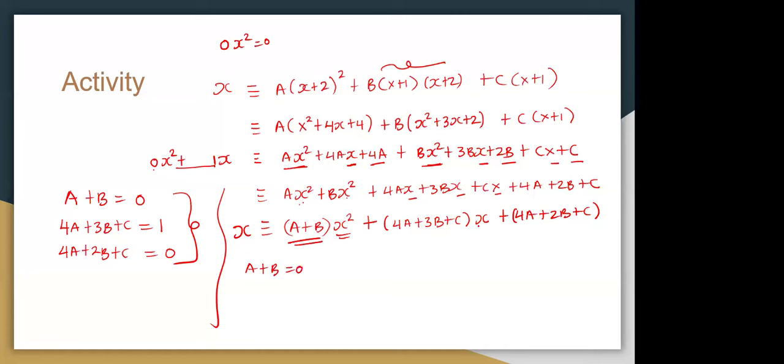When I come to the one with x, this side I have x, but the coefficient here, there is a hidden 1. So I'll have 4a plus 3b plus c is equal to 1. Then when I come here, this is a constant without x. And when you look at this side, you don't have anything without x. So it means that it is also 0. So I also equate that one, 4a plus 2b plus c equals 0.